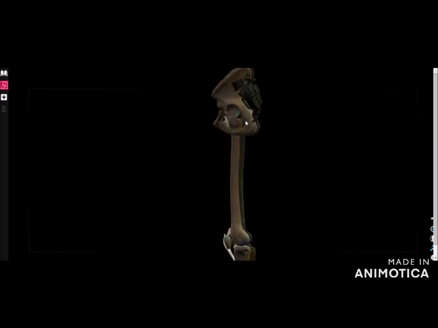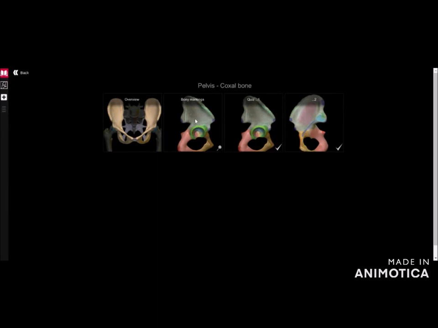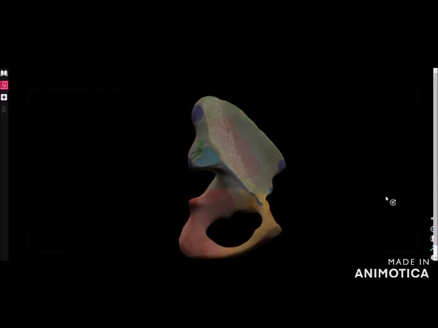And the coxal bone is actually composed of 3 separate bones. We've got the os coxae. So we've got 3 structures that make up this coxal bone.